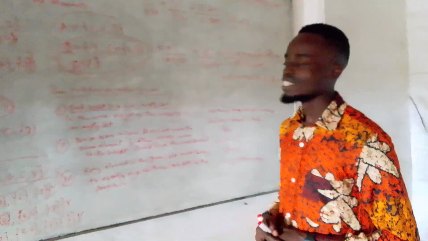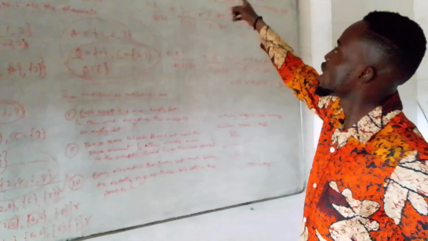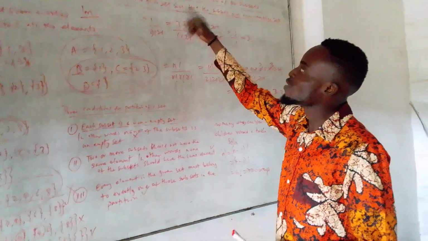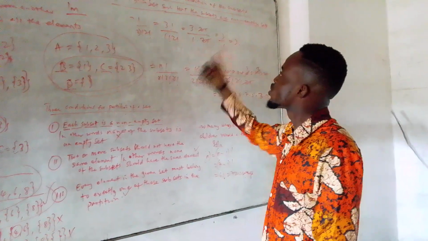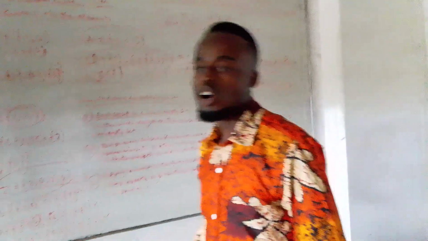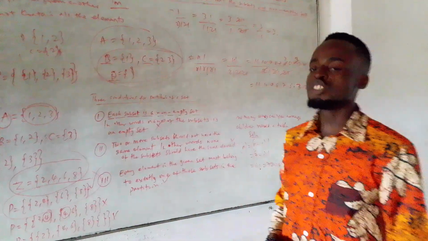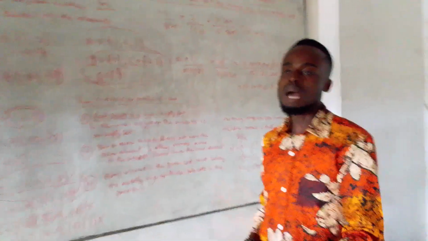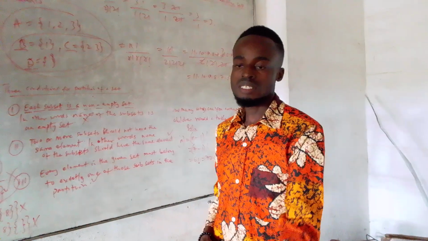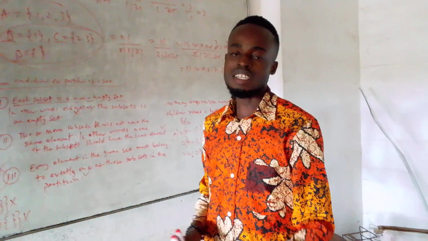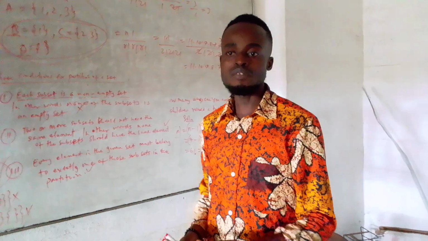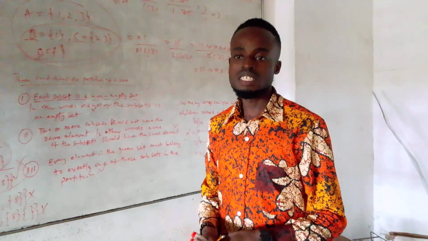Do you get the point? So partition of sets is the collection of subsets of a given set such that the subsets are non-empty sets. We can also say that it is the breaking of sets into non-overlapping subsets. And since they are non-overlapping subsets, that means they are disjoint sets.